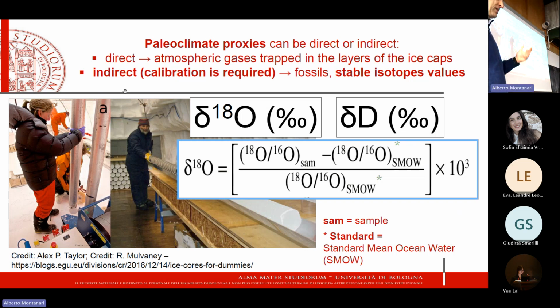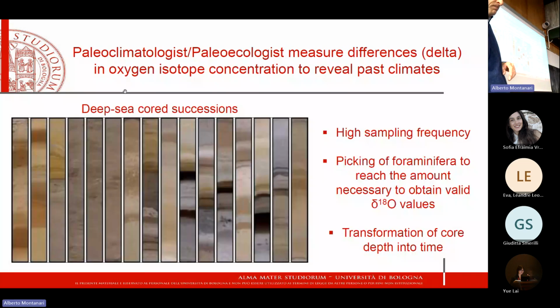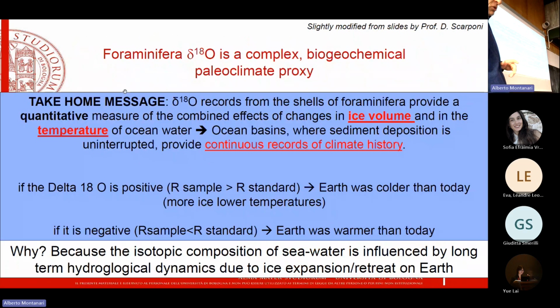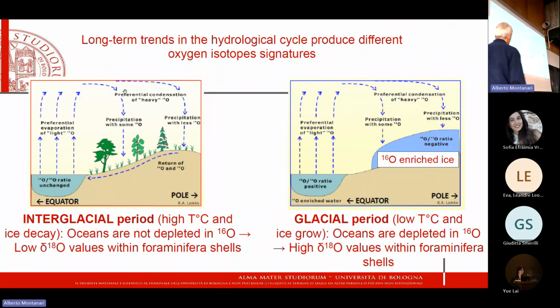So, once again, why is this important? I jump forward a couple of slides. More than a couple. I jump to this figure here. So let's suppose that we are in a greenhouse world, okay? A warm period. So we have preferential evaporation of light oxygen, and then we have preferential condensation of heavy oxygen because it's heavier, so there is also a difference in condensation.